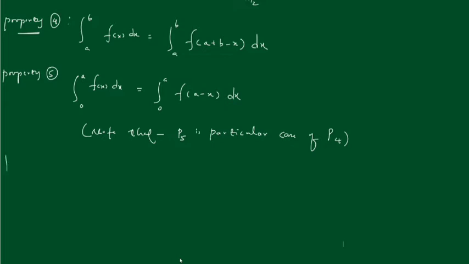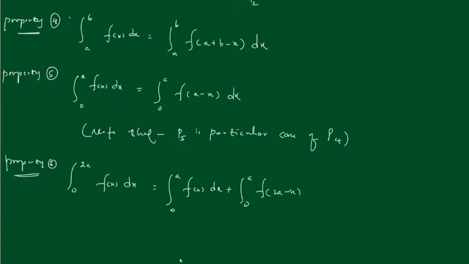So next, property 6: integration 0 to 2a f of x dx is equal to integration 0 to a f of x dx plus integration 0 to a f of 2a minus x dx.